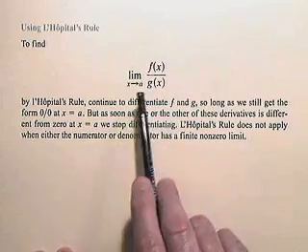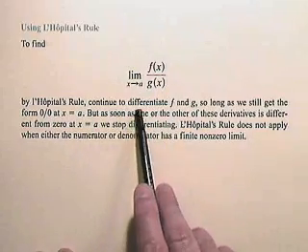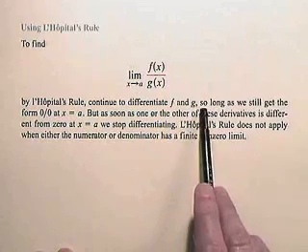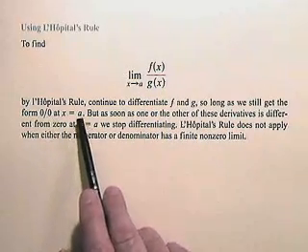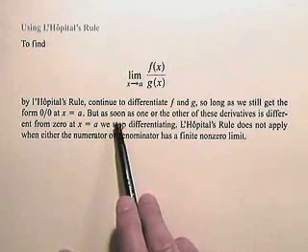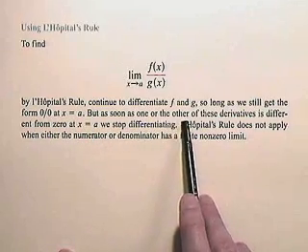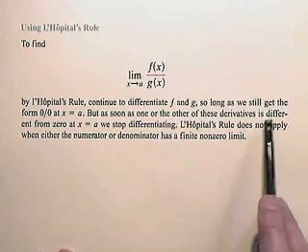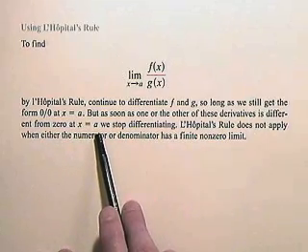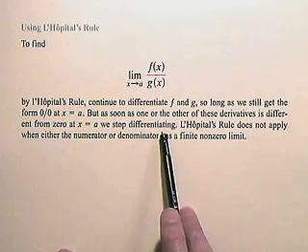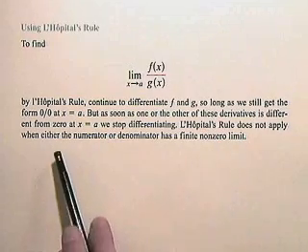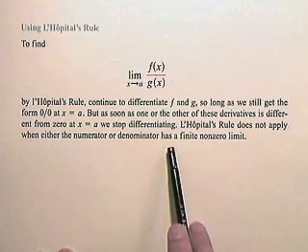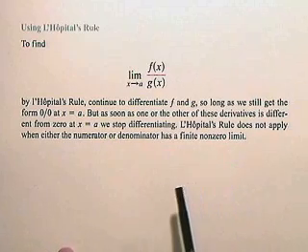To find this limit by L'Hopital's rule, continue to differentiate f and g so long as we still get the form 0 over 0 at x equal a. But as soon as one or the other of these derivatives is different from 0 at x equal a, we stop differentiating. L'Hopital's rule does not apply when either the numerator or denominator has a finite non-zero limit.